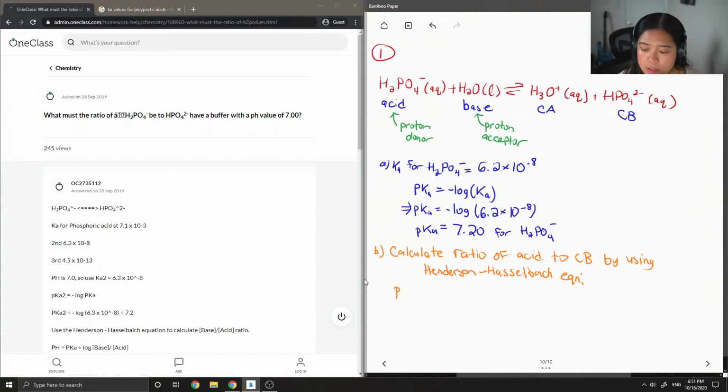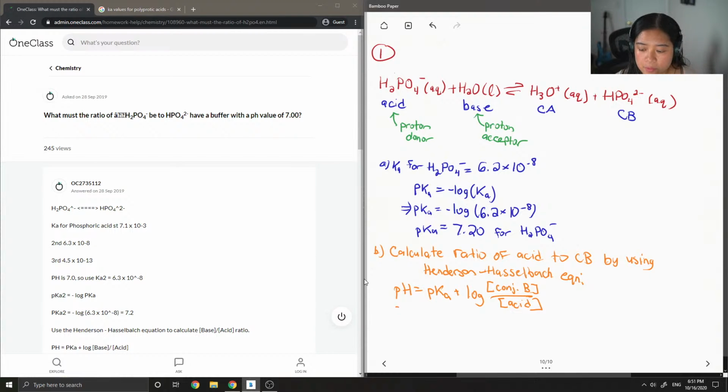So you use this formula right here to do that, where pH is equal to pKa plus the log of the concentration of our conjugate base over the concentration of our acid. Okay, so I'm going to plug these values in.